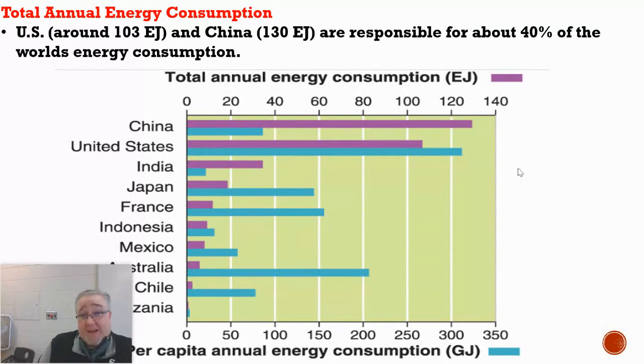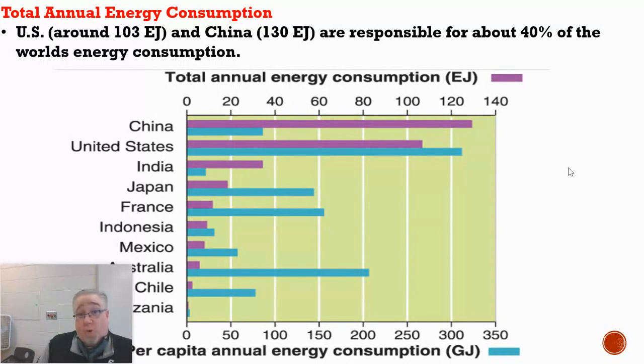The two that I think stand out are China and the US. China uses about 130 exajoules. They are the world's leader in energy consumption and energy use. The United States is fairly close behind, about 103 exajoules. So if you add those up, that's about 230 exajoules.